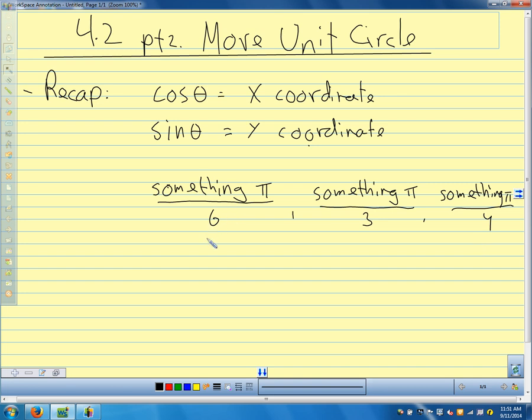So when you see these denominators, something pi over 6, something pi over 4, something pi over 3, that should be a clue. We're looking for something on the unit circle.